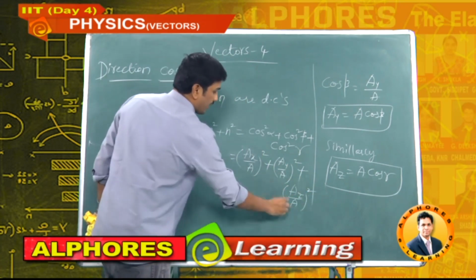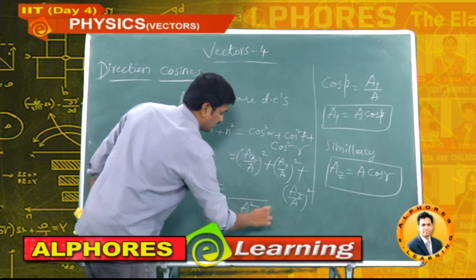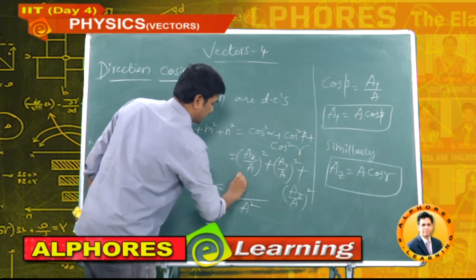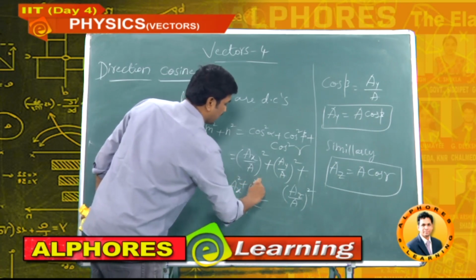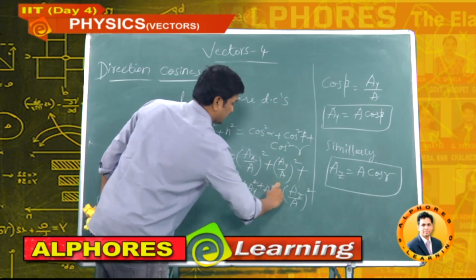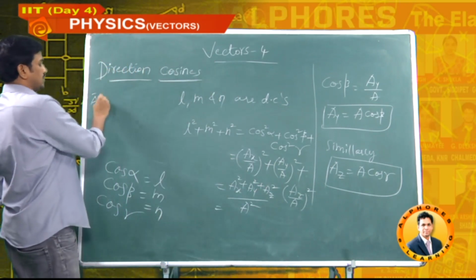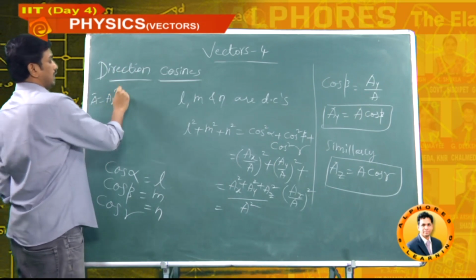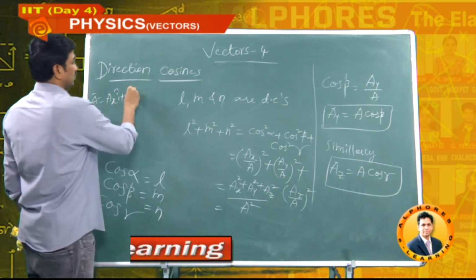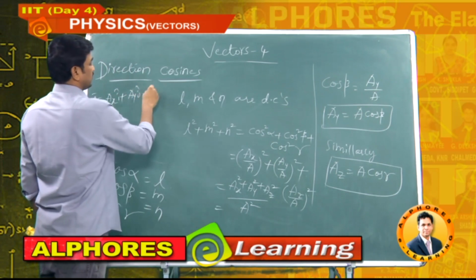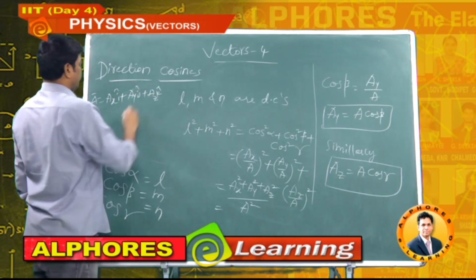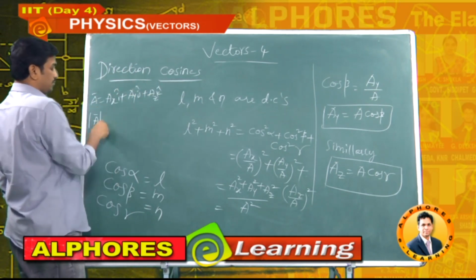Now A square is common in the denominator, and the numerator is Ax square plus Ay square plus Az square. Now what is our vector? A bar is equal to Ax i cap plus Ay j cap plus Az k cap. What is mod A bar?